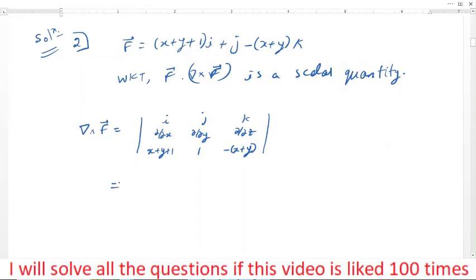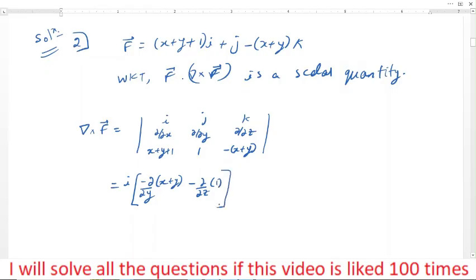We'll find the determinant in this case. For i, leave this row and column and cross multiply: dou upon dou y of (minus x plus y) minus 1 into dou upon dou z.